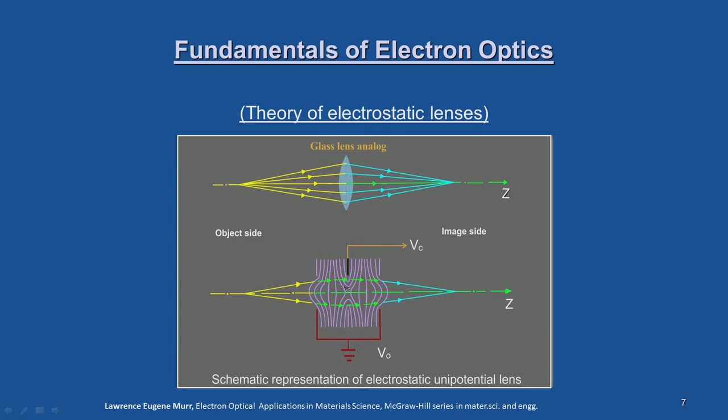Here again the converging action is demonstrated. In fact, the front and back focal lengths of these two lenses, in each system, are equal, and hence we will see that the lens equation is exactly valid in this electron optical system as well.